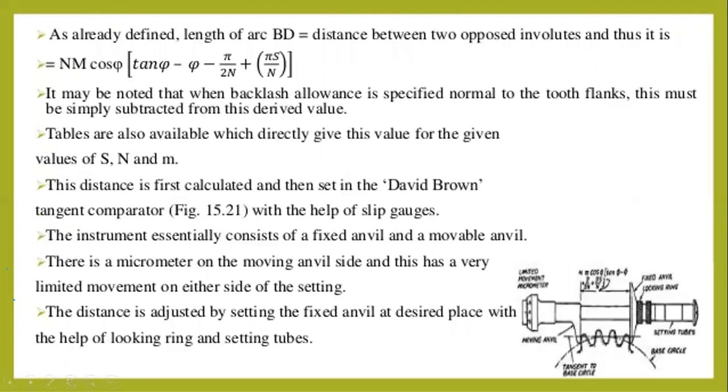Next, we have already defined the length of the arc, the distance between the two opposite involutes, and thus it is N m.